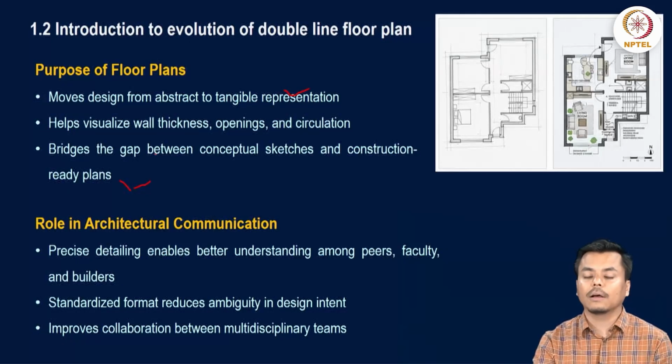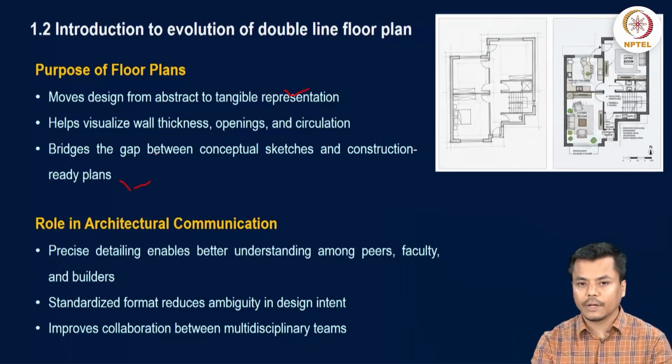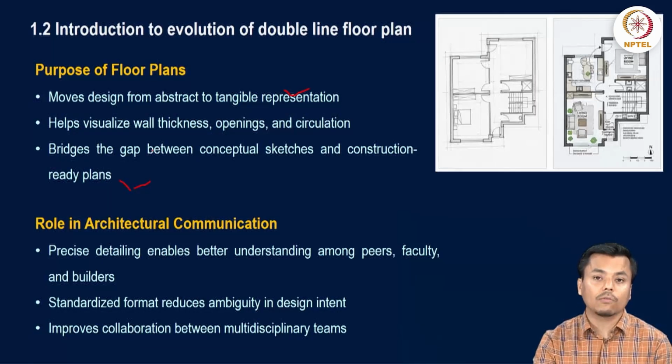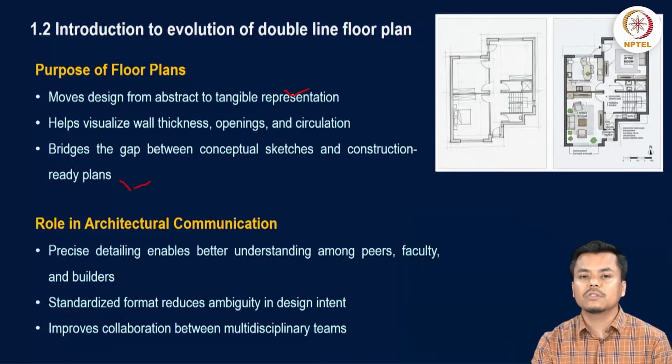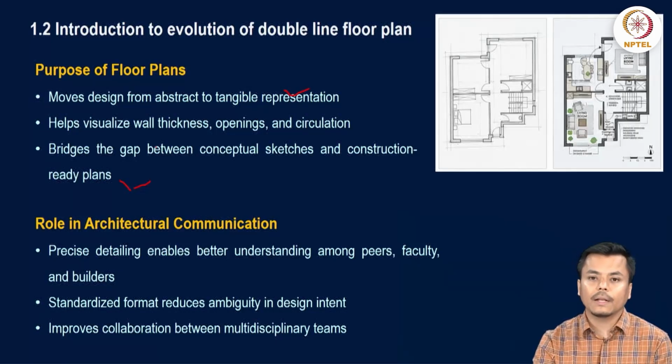Where do you need double brick thick wall, somewhere if you need half brick thick wall or one brick full thick wall. All these decisions have to be taken based on the preparation of your double line floor plan.